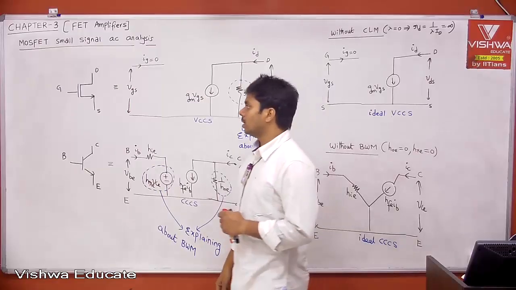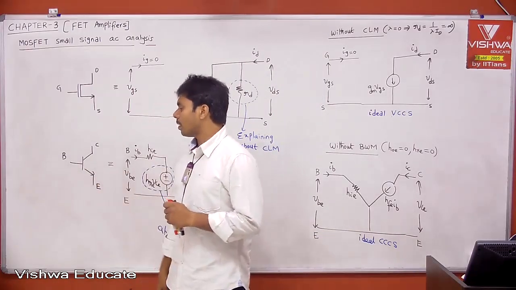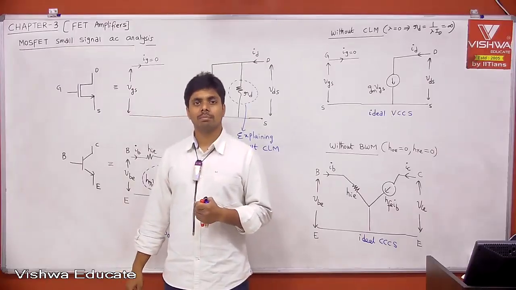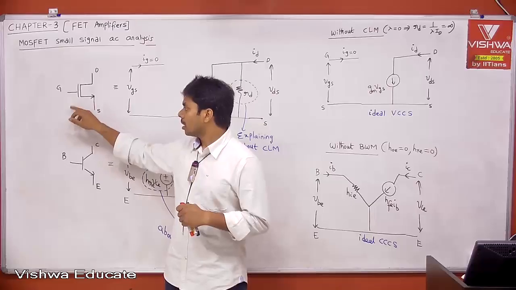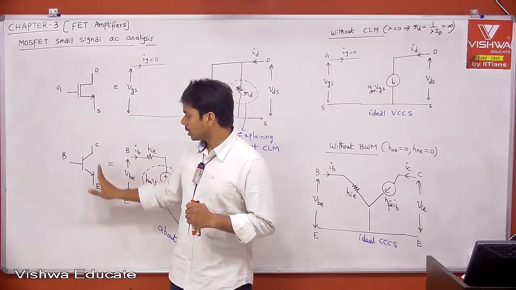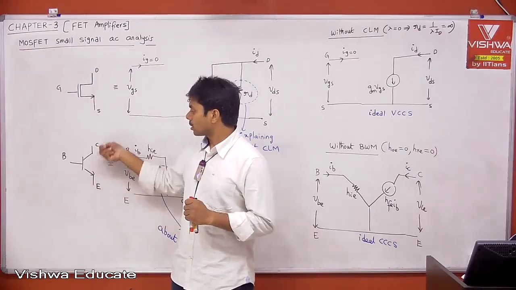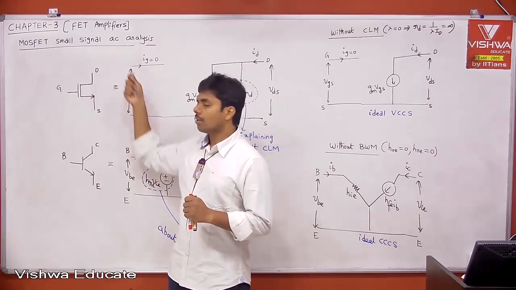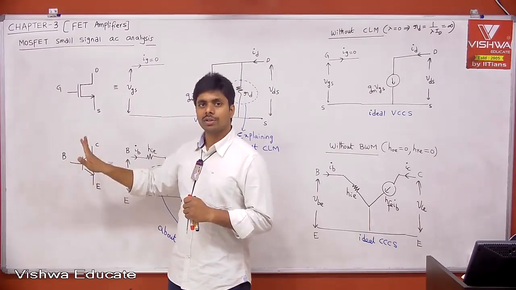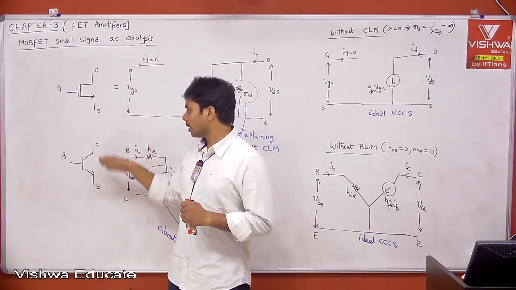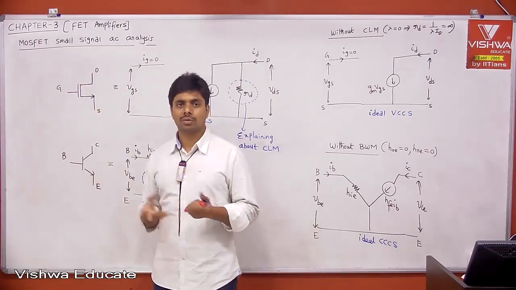Whatever observations we studied related to BJT, let us say common emitter amplifier gives very good voltage gain but no impedance matching. The same applies to the common source amplifier, because emitter is emitting the carriers, source is sourcing the carriers, collector is collecting the carriers, drain is the drainage of carriers. Base is what controls the current between collector and emitter, and gate controls the current between drain and source through the channel.